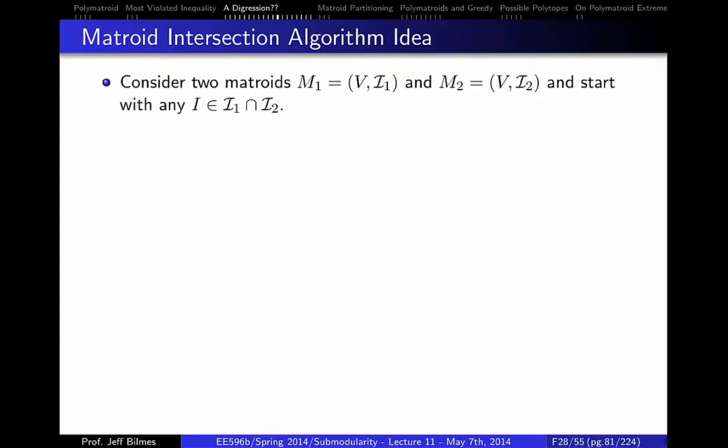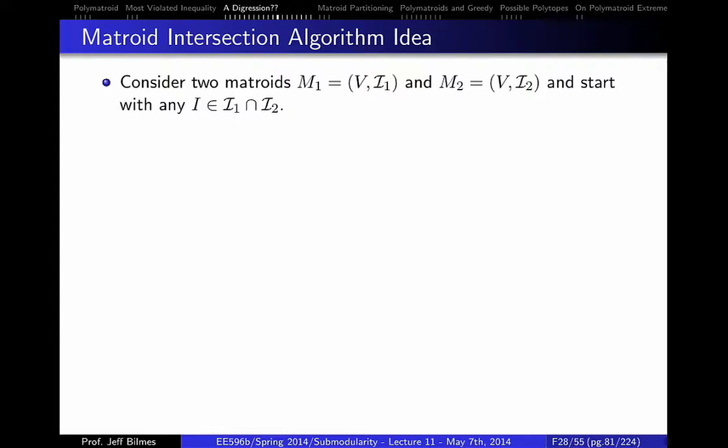So let's start with these two matroids, which are defined on the same ground set, two independent sets. And the algorithmic idea, this augmenting path, is going to be a generalization of what we saw for bipartite matching. But now, instead of looking at bipartite matching, we're going to look at two arbitrary matroids. Okay.